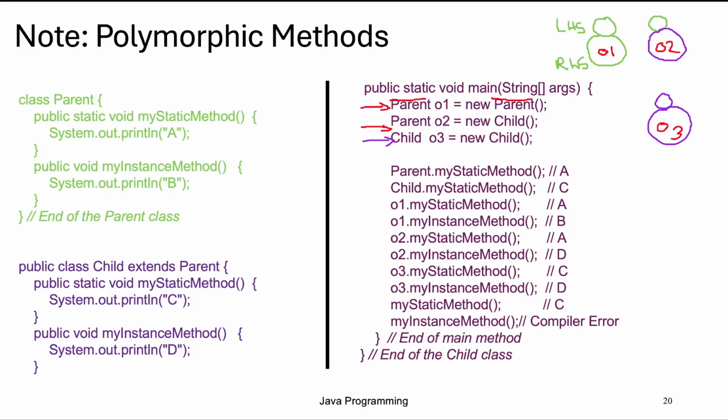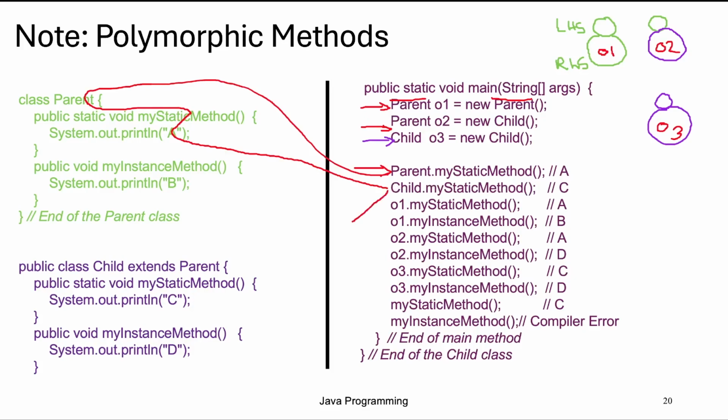Now let us come to the next line, parent dot my static method. Here we do not have anything. So this line will go to the parent, enters into my static method, prints A, and comes out. Here we are saying child dot my static method.